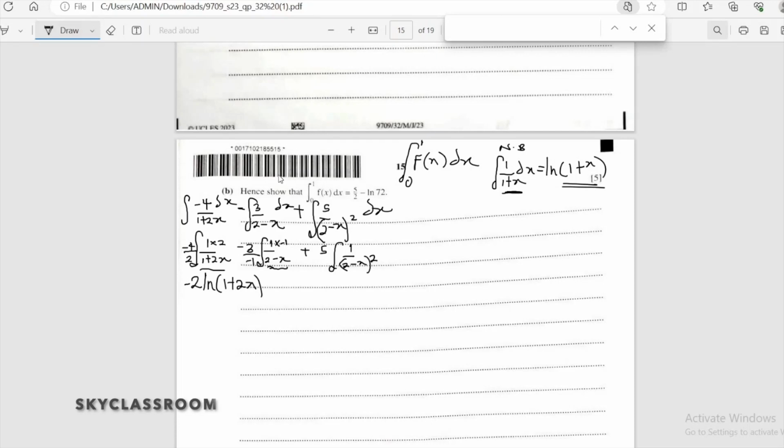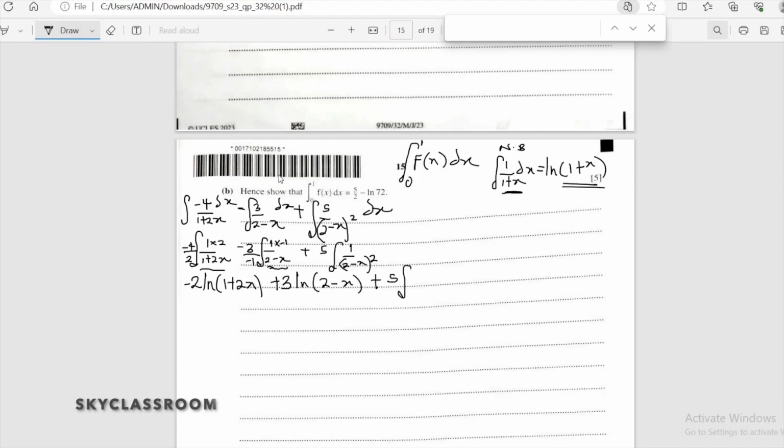Minus 3 over minus 1 gives us plus 3. And when you differentiate 2 minus x, we have minus 1, and what is at the numerator now is minus 1. So the answer will give us ln(2 minus x). Plus, this third expression is not like that. You are going to integrate it in a different form.